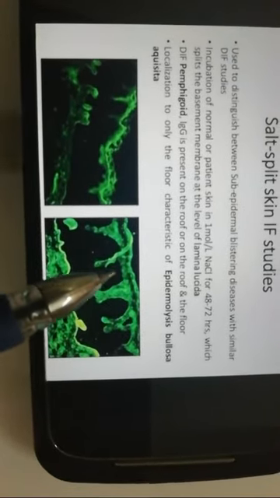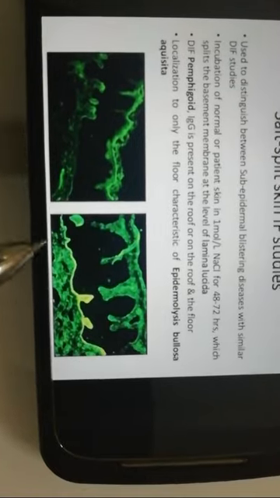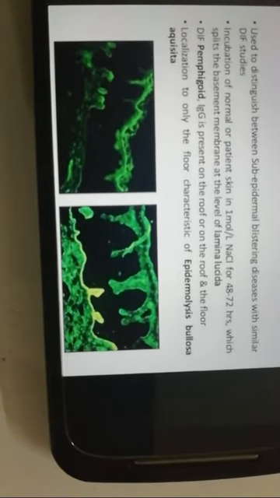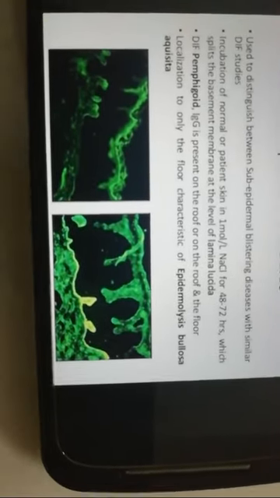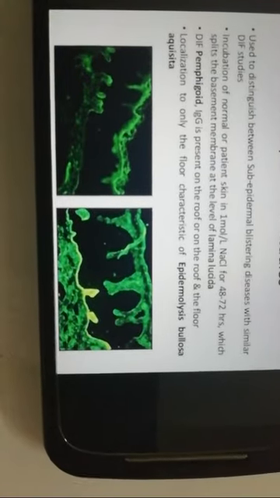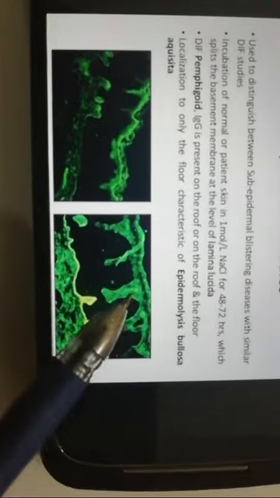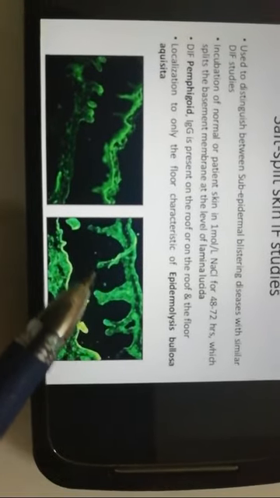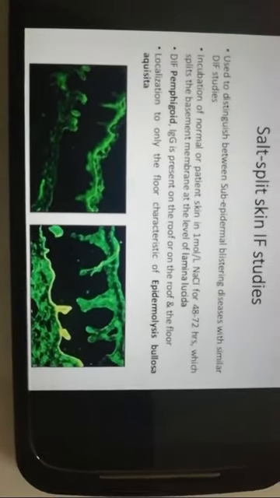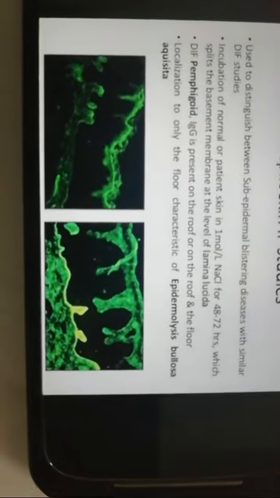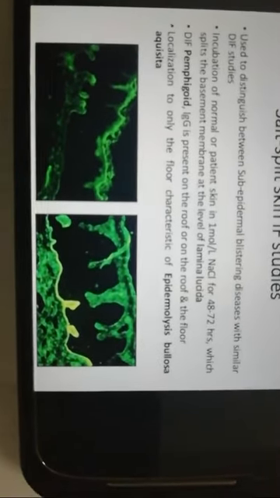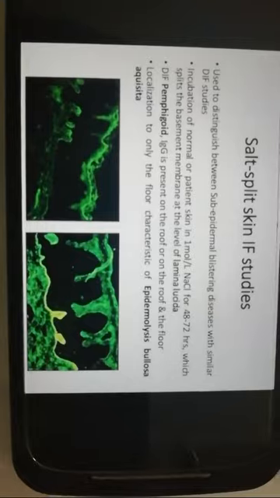If you have antibodies at the floor, that means this is a case of epidermolysis bullosa acquisita. Suppose you have antibodies at this aspect, at the roof, then this is a case of bullous pemphigoid. So that's all you have to understand regarding these points, and that's all it's written here. So let's go with the next points, guys.